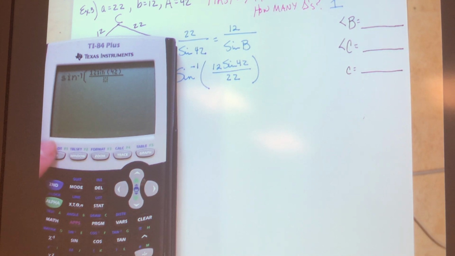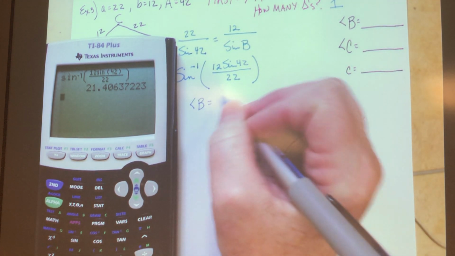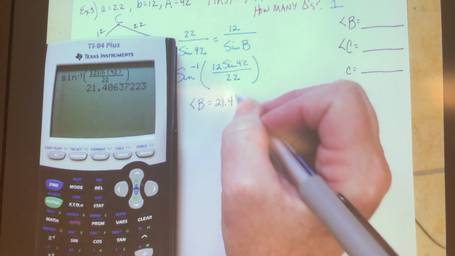Alpha and F1 up here is the fraction button. On the bottom, I have 22. If you want to be proper, go out there and close your parentheses. 21.4 is my angle. Is that reasonable? Yeah. Okay, so angle B is equal to 21.4 degrees.